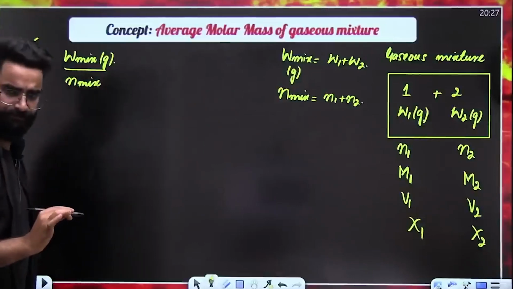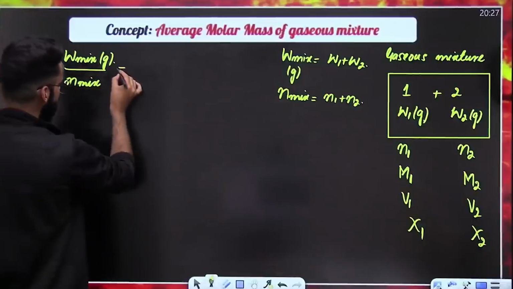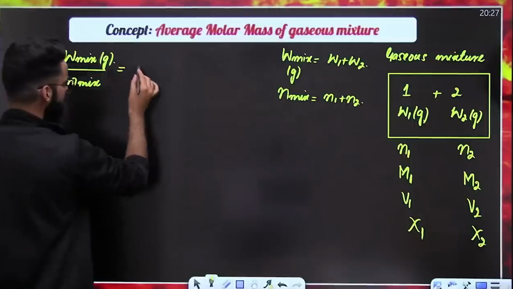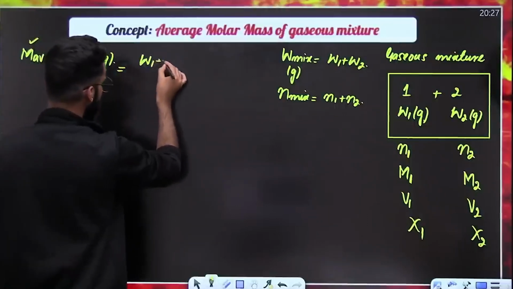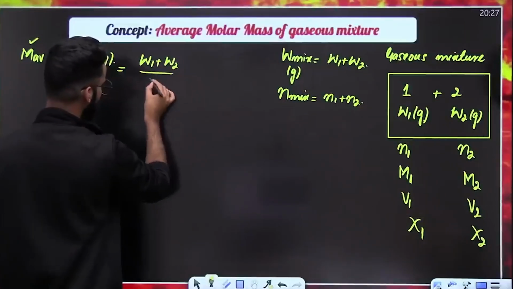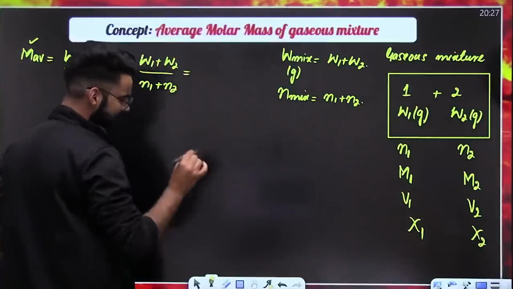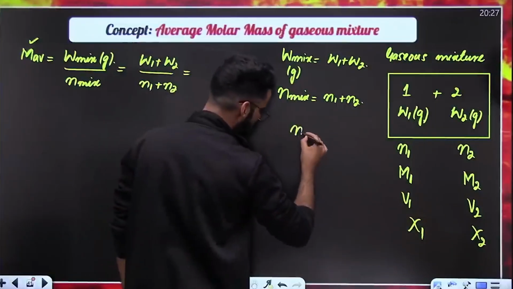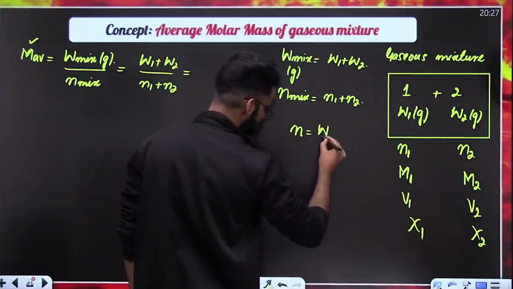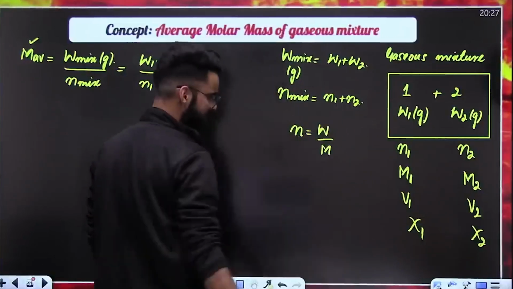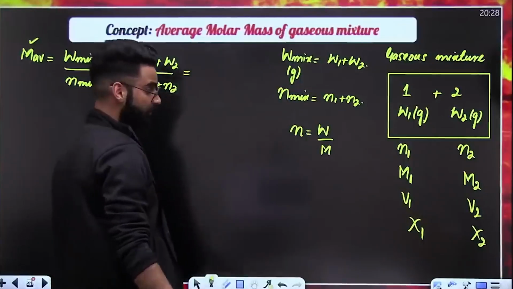This is one result. You can convert it into a different result. The mass of the mixture is W1 plus W2. Total moles present in the mixture is N1 plus N2. Correct? Similarly, how do we calculate the number of moles? Given mass of the substance divided by molar mass of the substance. That's how you calculate the number of moles.